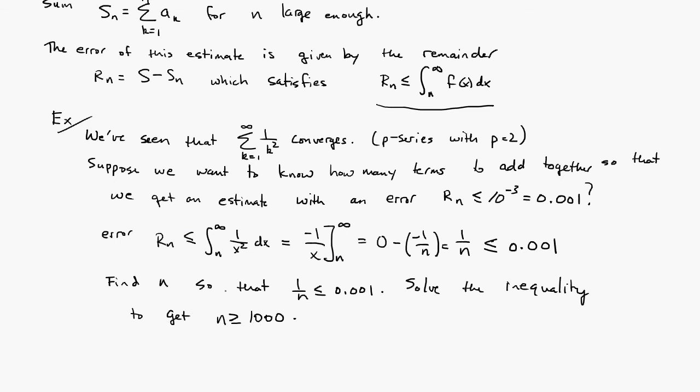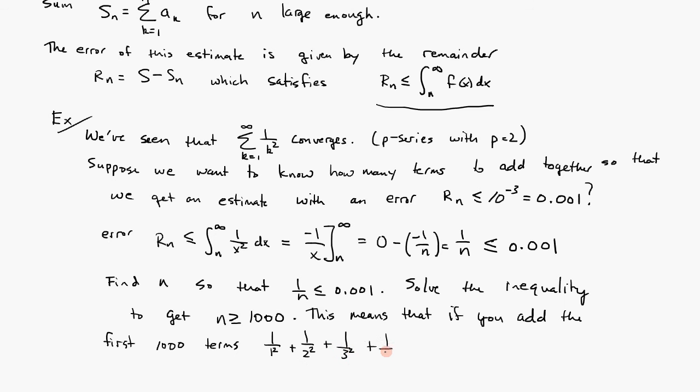So this means that if you add the first 1,000 terms of the series, so 1 over 1 squared plus 1 over 2 squared plus 1 over 3 squared plus 1 over 4 squared, and so on, you add the first 1,000 of this.